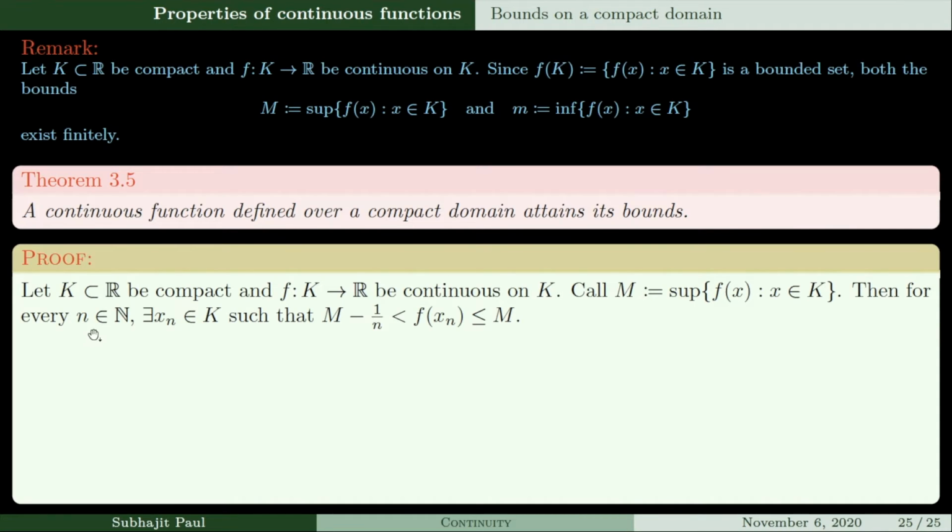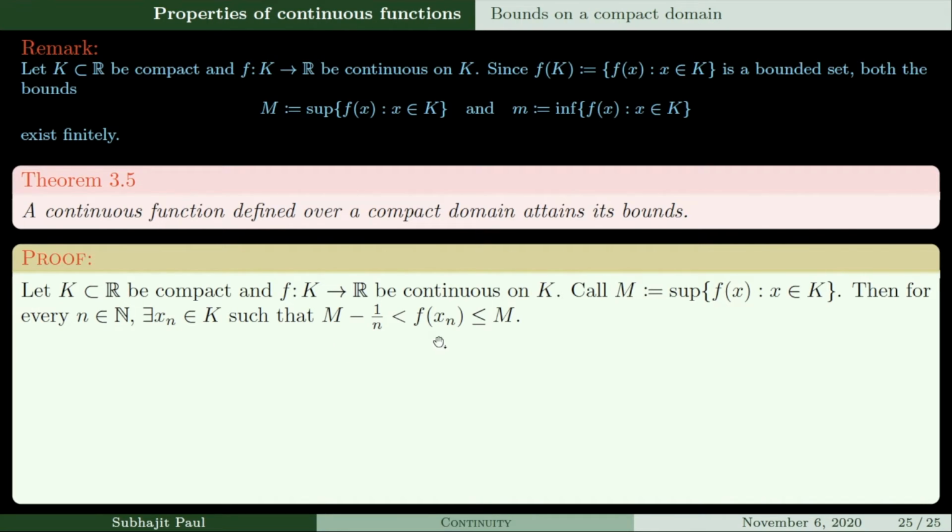Then for every natural number n, you get a point xn in K such that M minus 1 over n is smaller than f of xn, which is smaller than or equal to M. And this we get by the definition of supremum of a set. Because supremum is the least upper bound, and if we make it any smaller, then it will not be an upper bound anymore.